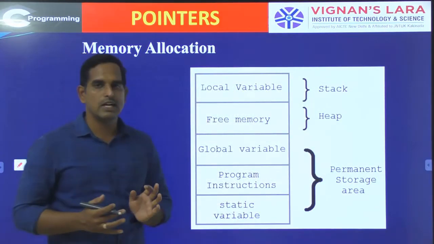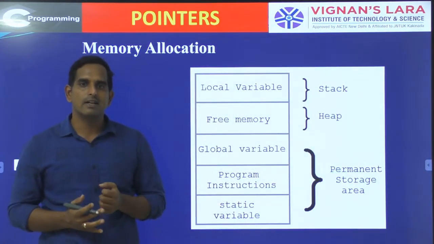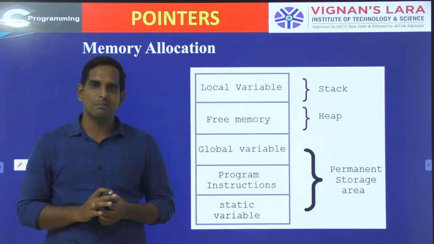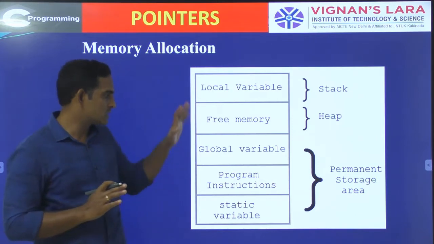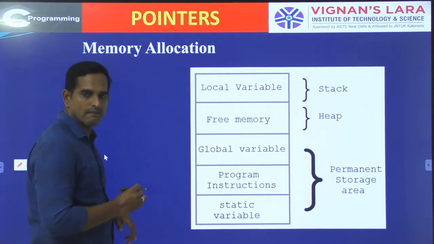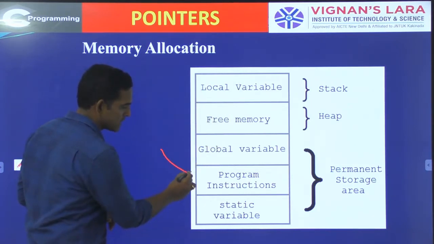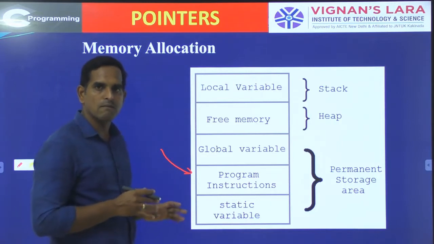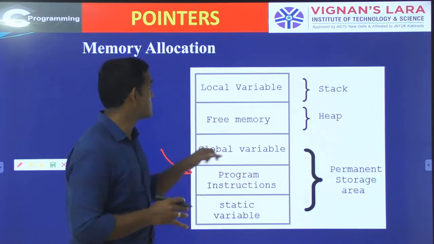To better understand how your memory will be assigned, this is a conceptual view of the memory for a program. So this is the program memory. Every program will be having the basic program instructions.